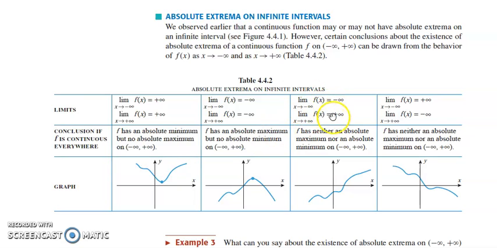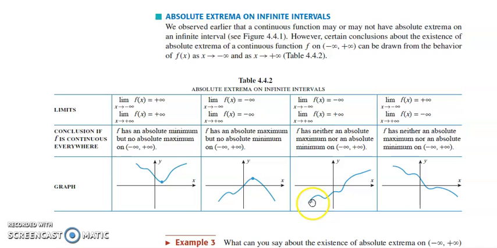And the third case is when the limits are plus infinity and minus infinity. So we have two cases: first, the case where the limit as x tends to minus infinity is minus infinity and the limit as x tends to infinity of f of x is infinity, and then the reverse case. In this case, as x approaches infinity, the function value goes to minus infinity.